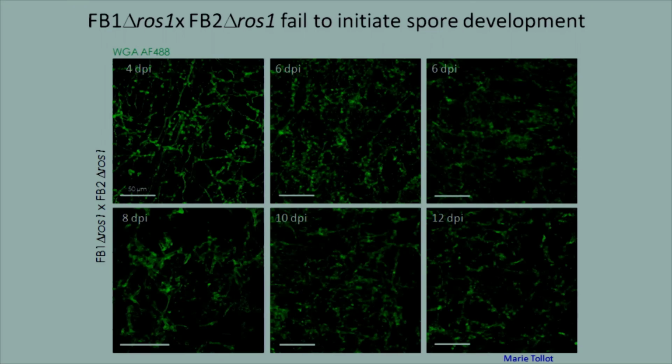If you do the same analysis for a ROS1 mutant, you basically see that everything is fine until day 4, but then nothing changes anymore. And there are absolutely no spores produced. So to learn at what stage exactly it is that this mutant starts to have problems, we had a closer look. At these sporulation stages, or prior to sporulation, you get nuclear fusion.